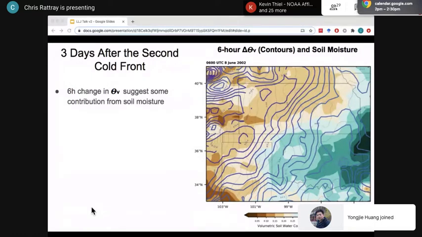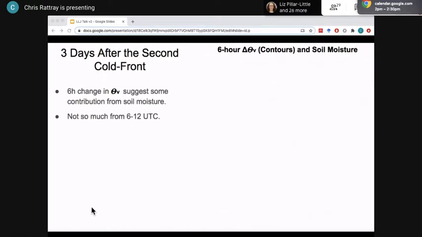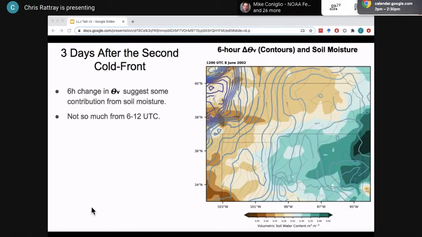So they do show some overlap, but there are some areas where they don't. However, 6 hours later, when you look at the difference in surface theta V between 12 and 6 UTC, you don't really see much overlap with soil moisture. So this suggests that it doesn't offer a complete explanation for the thermal gradients.